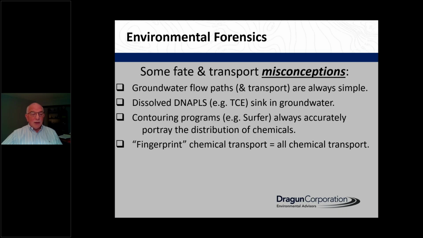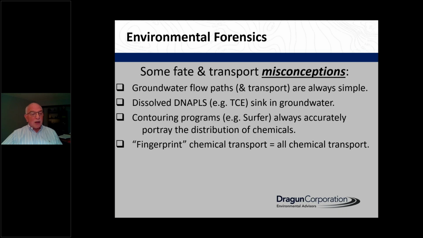A fingerprint chemical to evaluate transport moves at the same rate as all the chemicals in a problem. And we had a case in Indiana that we worked on a number of years ago where the other side used some esoteric additive in gasoline to show that their gasoline release couldn't get to point B because their fingerprint chemical didn't.